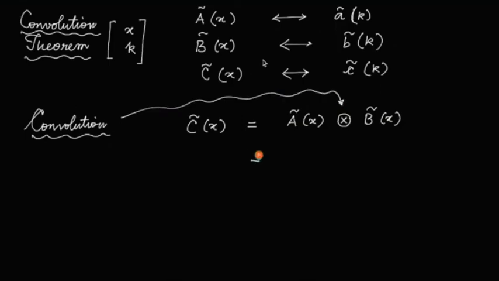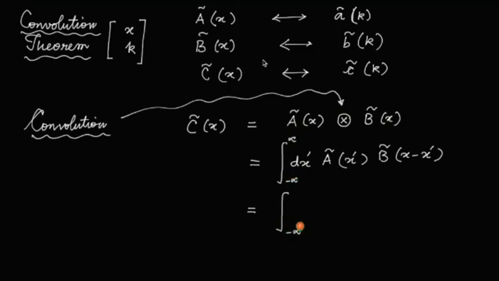The operation is defined in the following way. This integration is over all x. It can be shown that you can change the place of a and b as well. Okay, so this is the definition of convolution.